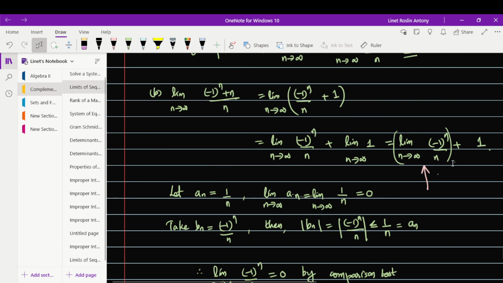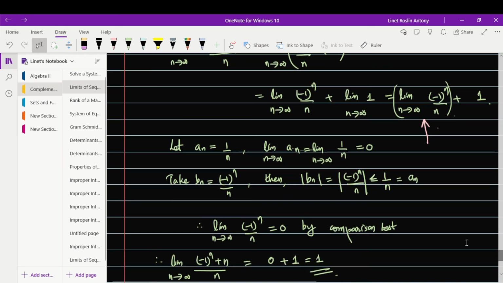So we are going to use the comparison test on this term. Okay. So let a_n is equal to 1 by n here. Limit n tends to infinity a_n, which is equal to limit n tends to infinity 1 by n is equal to 0, as we are aware about. Now take b_n is equal to (-1)^n by n. Then modulus of b_n is equal to modulus of (-1)^n by n, which is less than or equal to 1 by n.